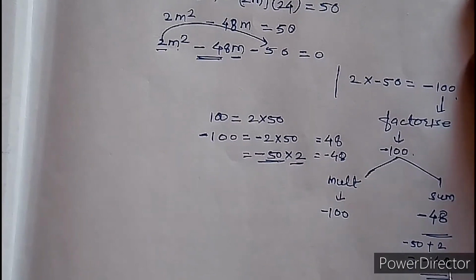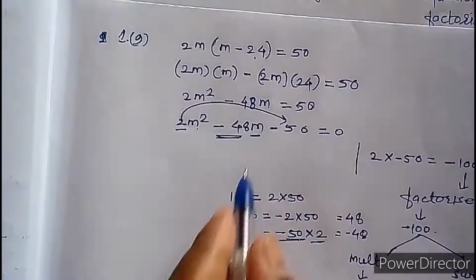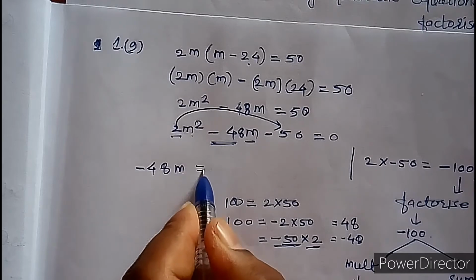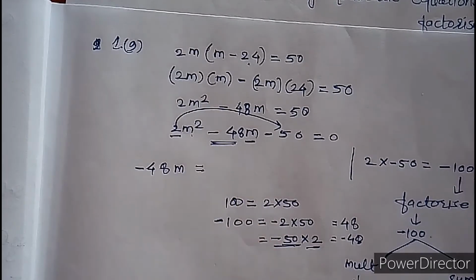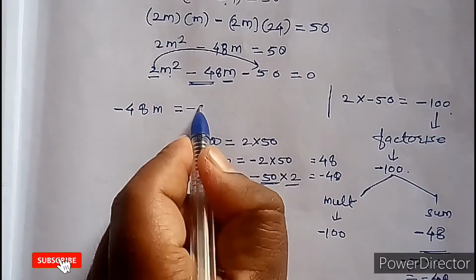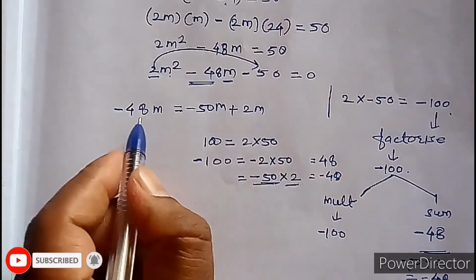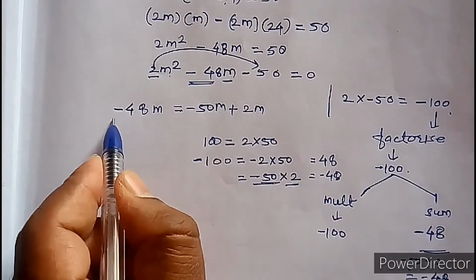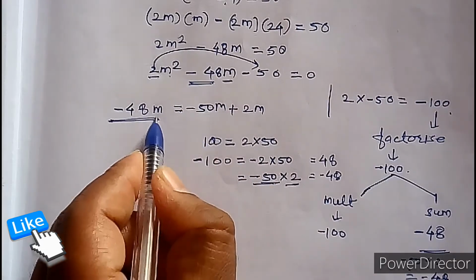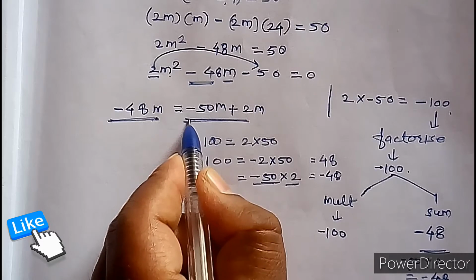The sum is coming minus 48, therefore this is the convenient factor, therefore minus 48m can be written as minus 50m plus 2m. The value of minus 48m can be replaced by this value, that is minus 50m plus 2m.